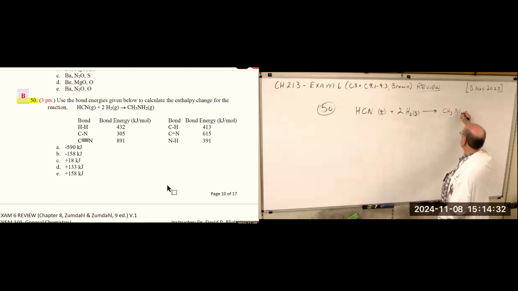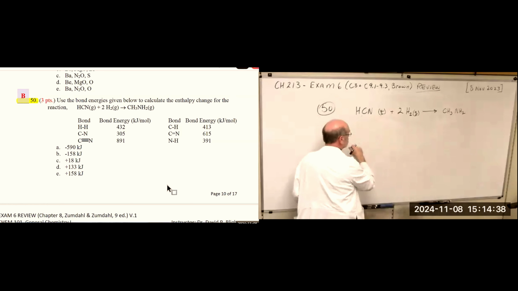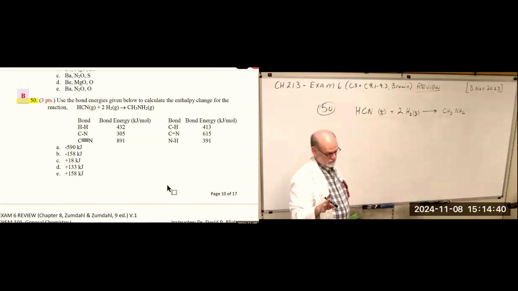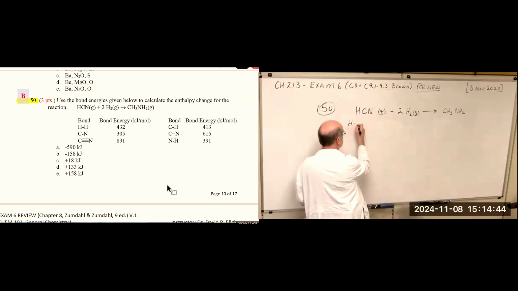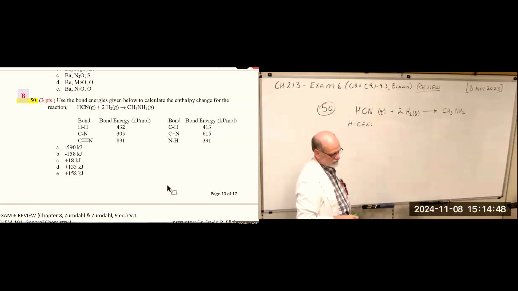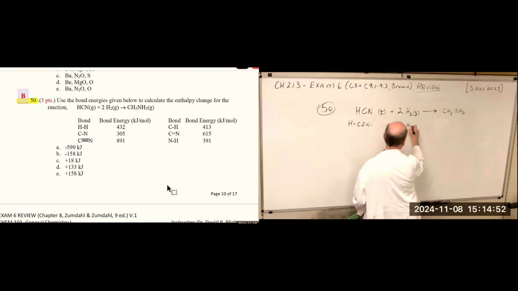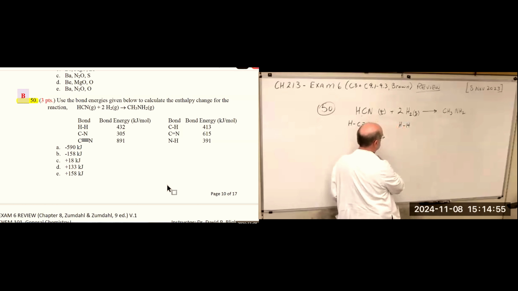CH3 and H2. And we've done this, you have to know the structure in order to use this method. So this is going to be hydrogen cyanide. This is going to be hydrogen. And you got 2 of them.